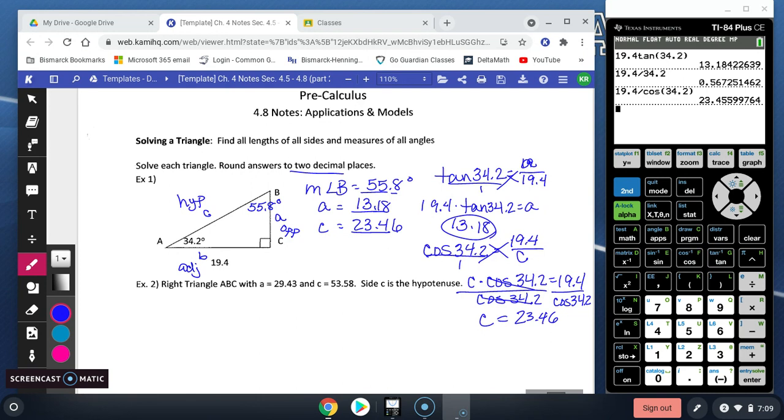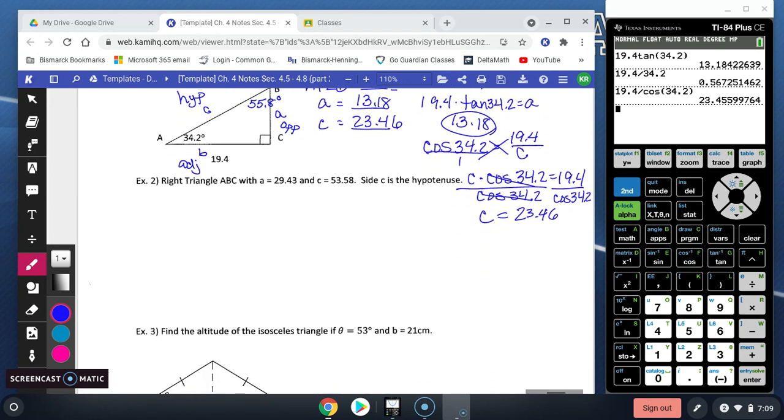Okay, example 2. Right triangle ABC, and then it gives us the lengths. Now generally, if you see triangle ABC and you're talking about trig functions, everybody's going to put C as the right angle. So if it's not specified that C is the right angle, then you can assume it.